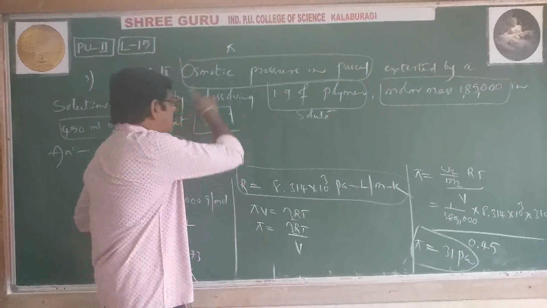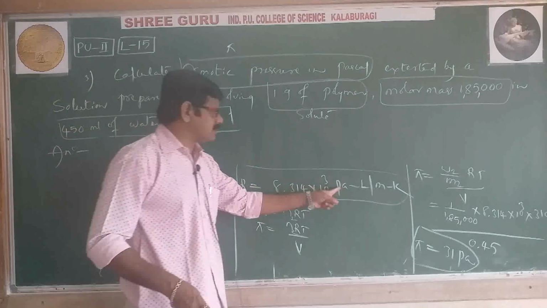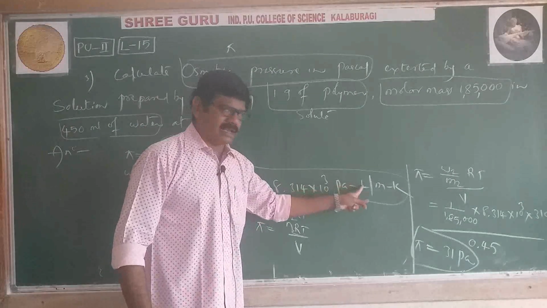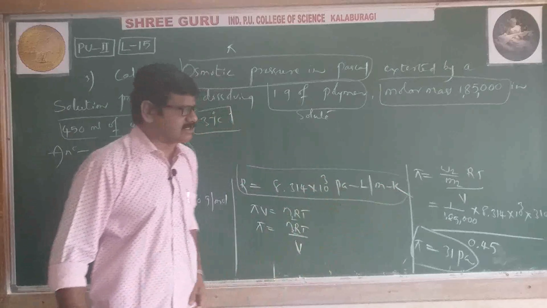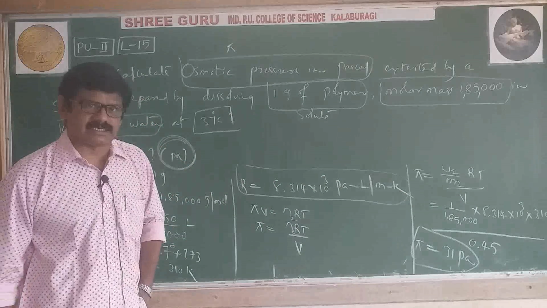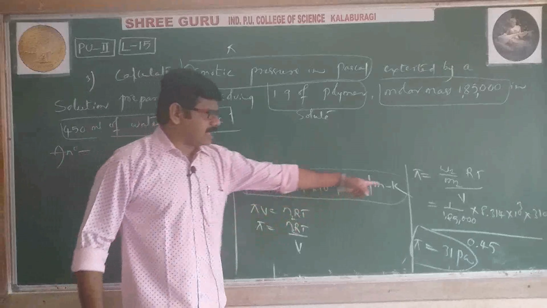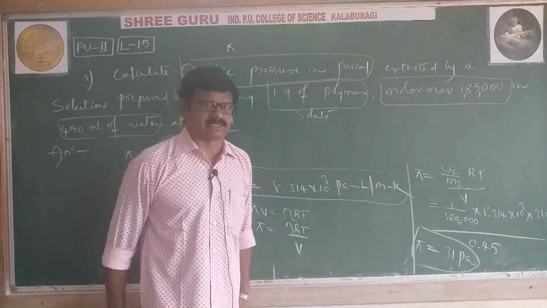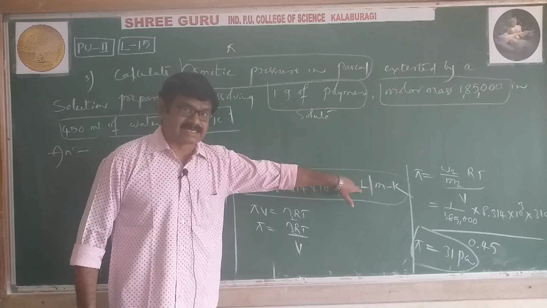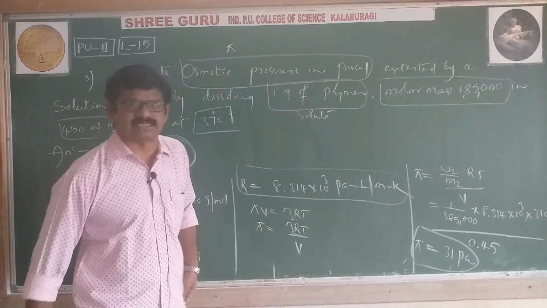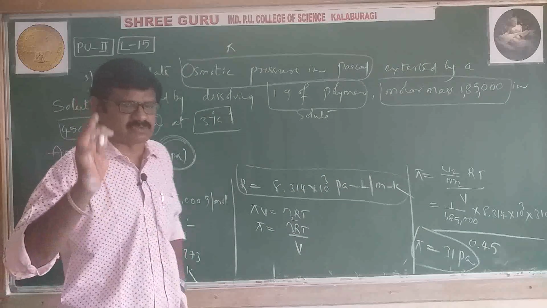That's why pressure you will get in Pascal, volume should be in liters, temperature should be in Kelvins, then only you will get the answer. If temperature is in degree centigrade with R value in Kelvin, you will not get a proper answer. If volume is in milliliters, R value is a liter related value, again you will not get the answer. Similar units we have to maintain.